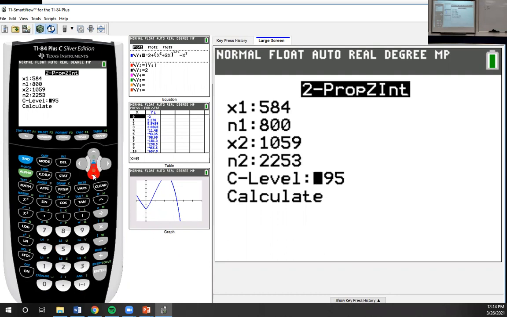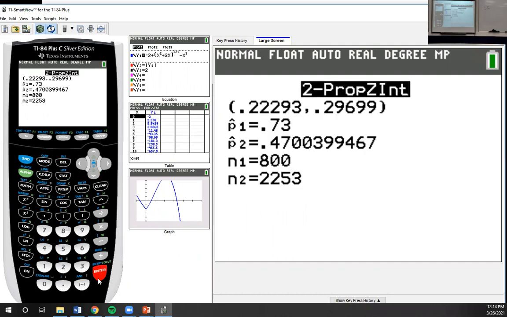We're doing a 95% confidence interval. Here it comes. P hat 1 was 0.73. P hat 2 was 0.47, basically, because we rounded the n times 1, n times p there. And then here were our sample sizes. Here's what the confidence interval gives me. So this is my confidence interval.